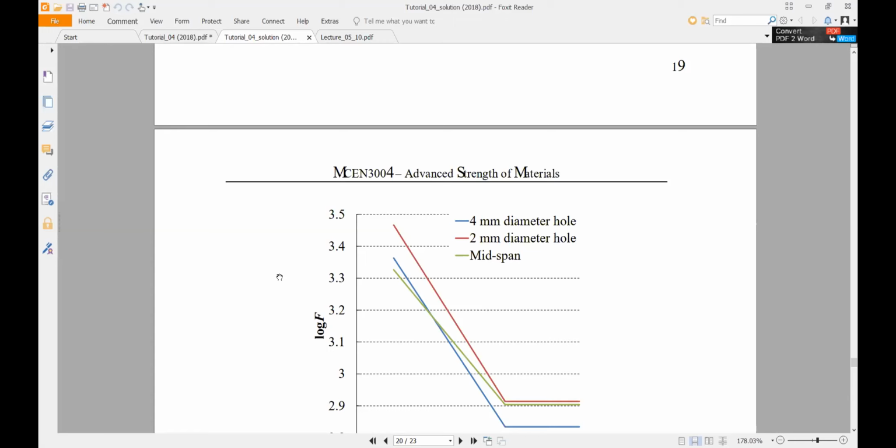It's not a wrong thing, but it will take more time than the FN curve. Are we clear? Yes, sir.